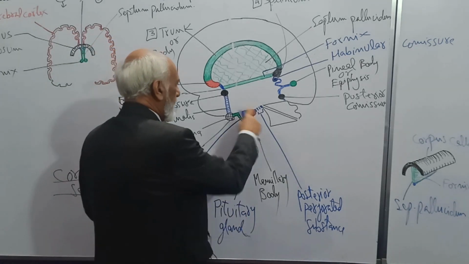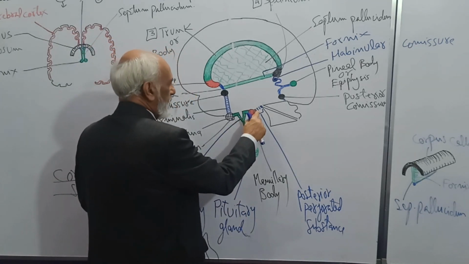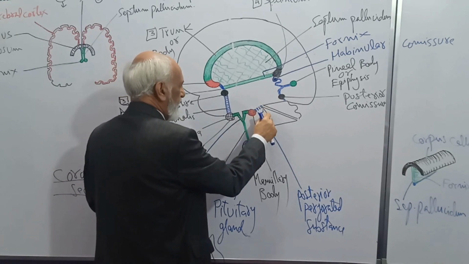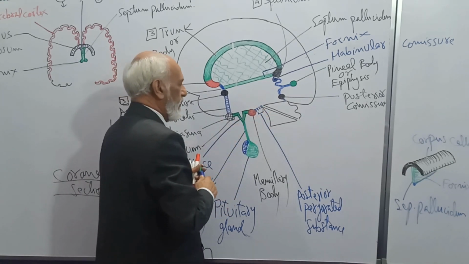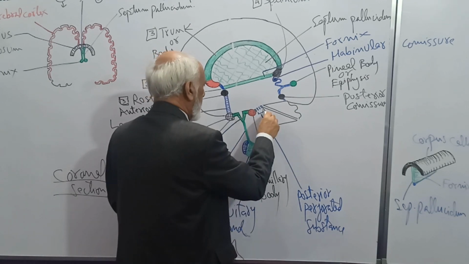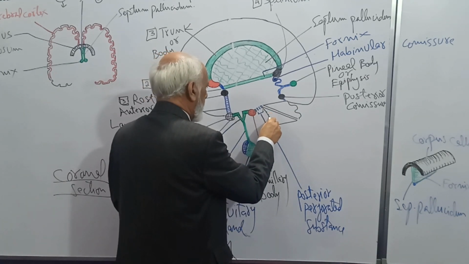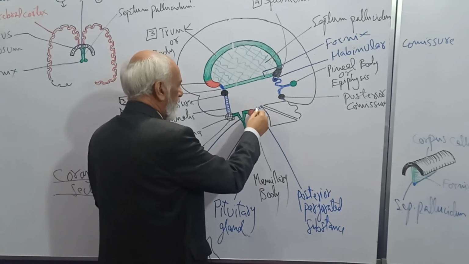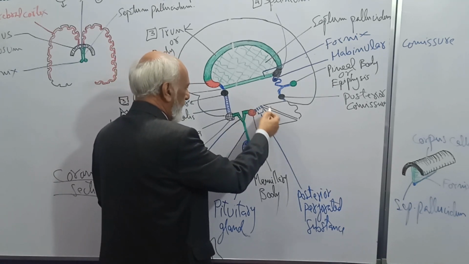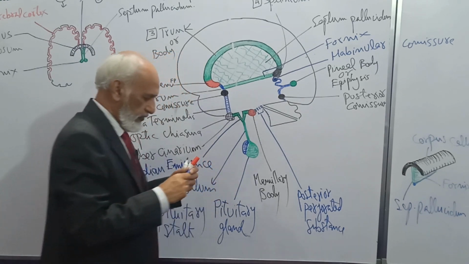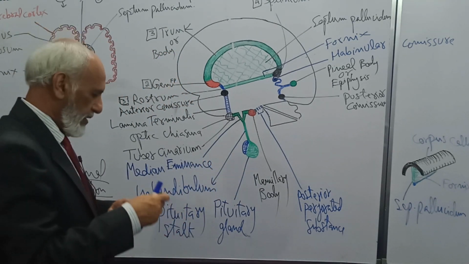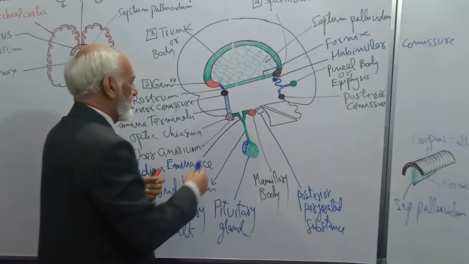And this is the posterior perforated substance, which is partly here and partly it extends downwards to the midbrain, that we will discuss later on in midbrain. So this is the upper part of the posterior perforated substance. Here in the front of the midbrain is the lower part of the posterior perforated substance.